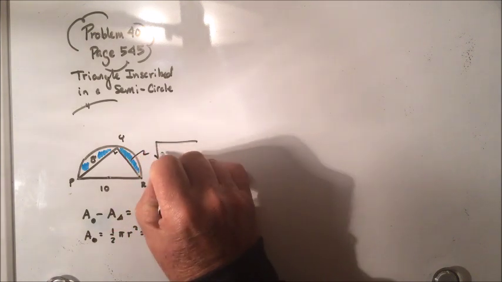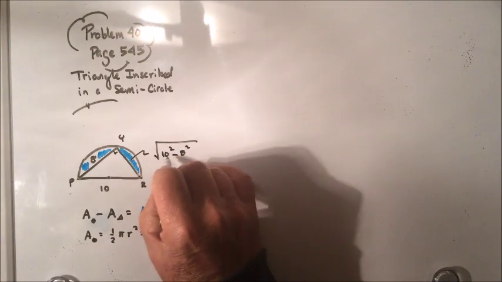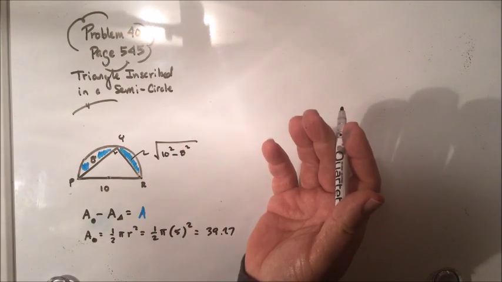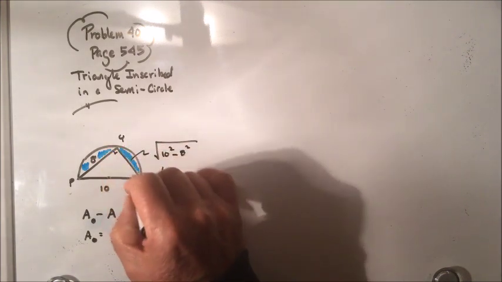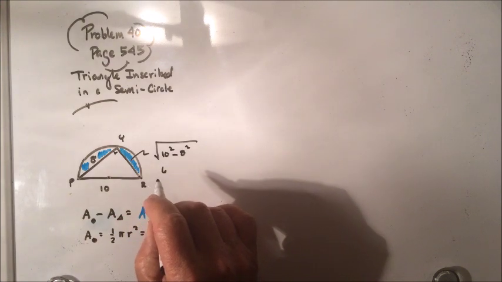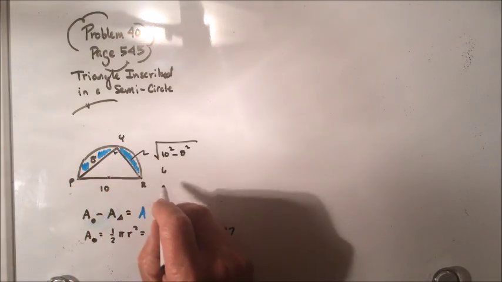It's just the square root of the hypotenuse squared minus the other leg squared, so that's 100 minus 64, the difference is 36, take the square root and you get 6. So this leg is 6, this leg is 8. Let's call that the height, let's call that the base.